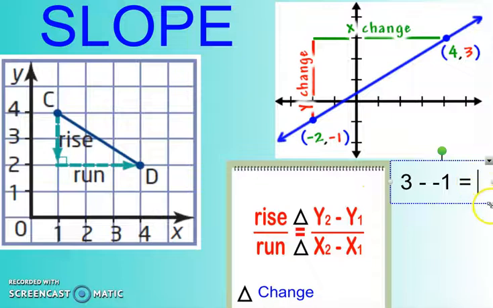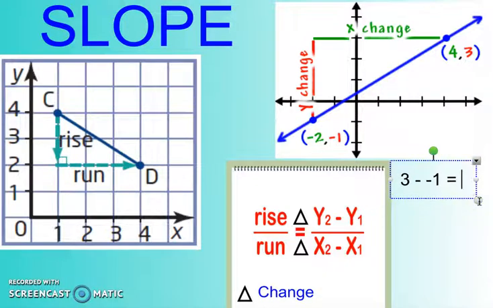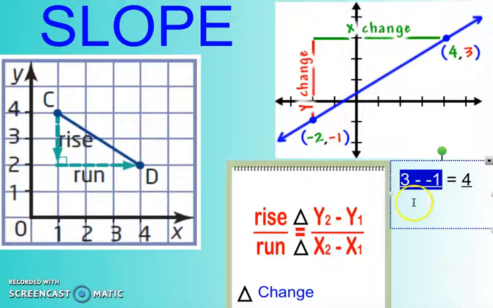And then if I do the x's, I have to do 4 minus a negative 2. And 4, that's in green, 4 minus negative 2. And I get an answer of 6.